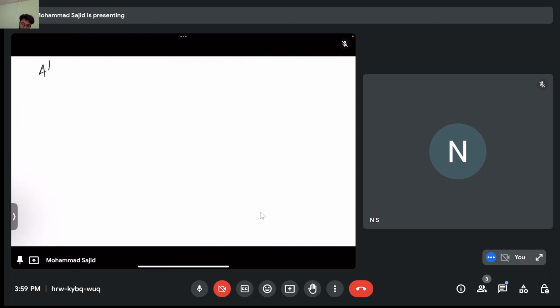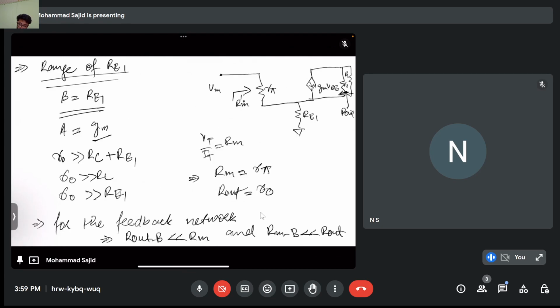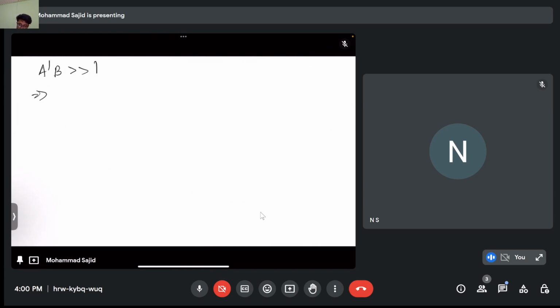Also the loop gain, that is A beta, should be greater than 1. Now if you look here, this is your R out beta, this is your R in beta, both are equivalent to RE1. So that means RE1 should be less than or equal to R pi, that is your Rin, and RE1 should be less than or equal to R naught, that is R out.